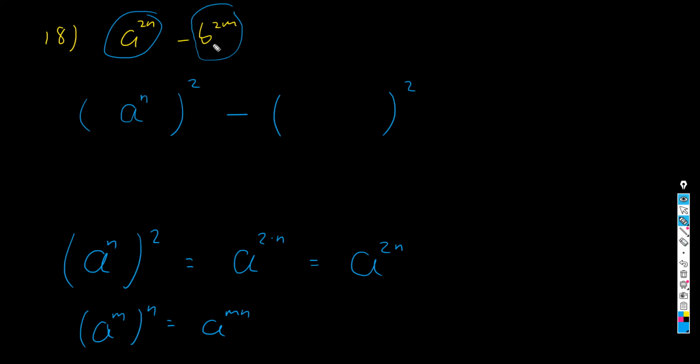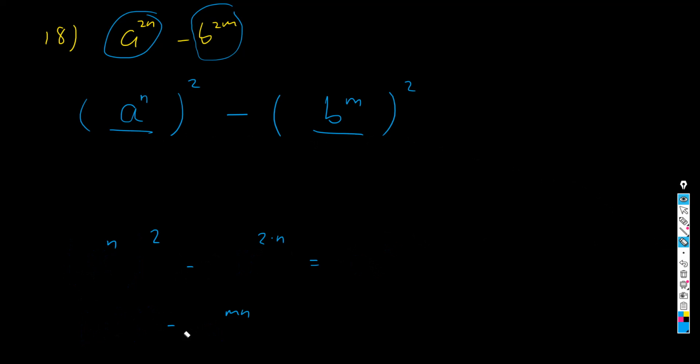And the same is going to work for b. The number that I should place in here is b to the m, because b to the m to the 2 will give me this. And that's it. I have found my two numbers. And now I just proceed to write my product of conjugated binomials, or the final answer.